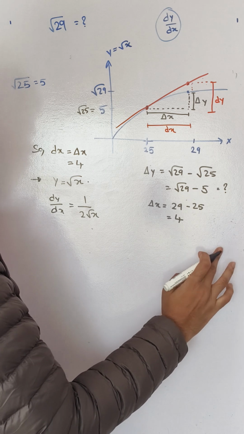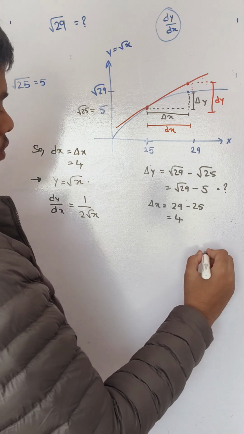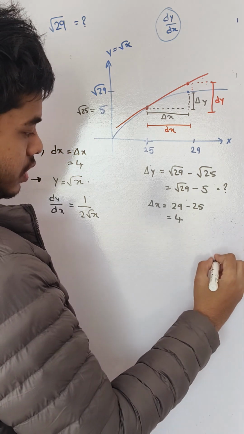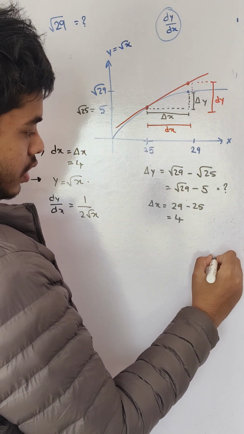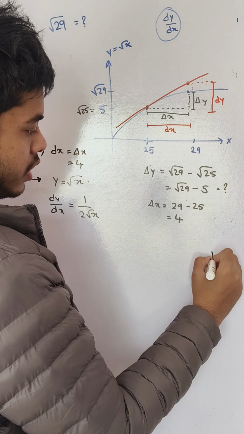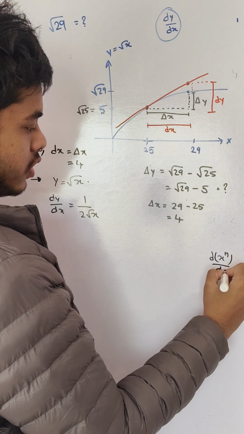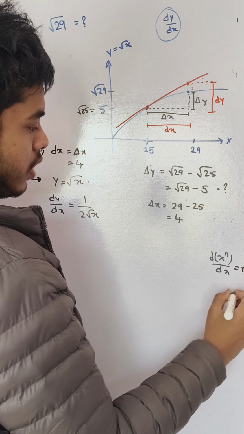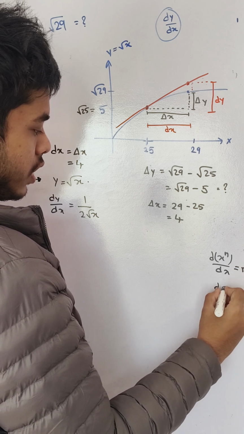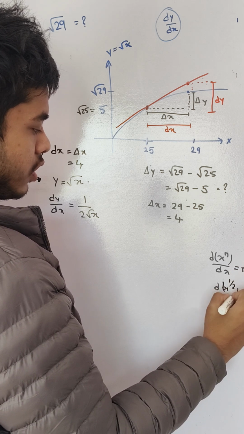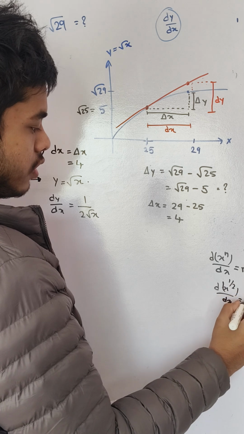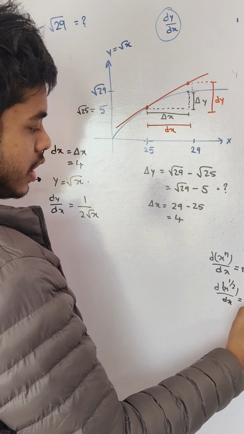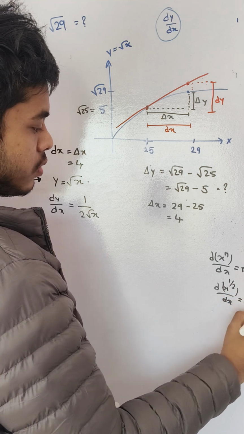How this is happening, I will tell you. The derivative of x to the power n is n x to the power n minus 1. So the derivative of x to the power half is half times x to the power half minus 1.